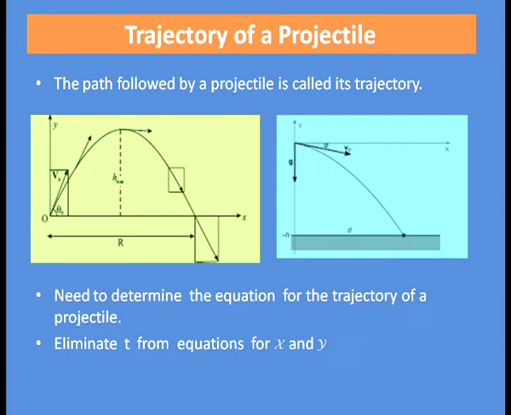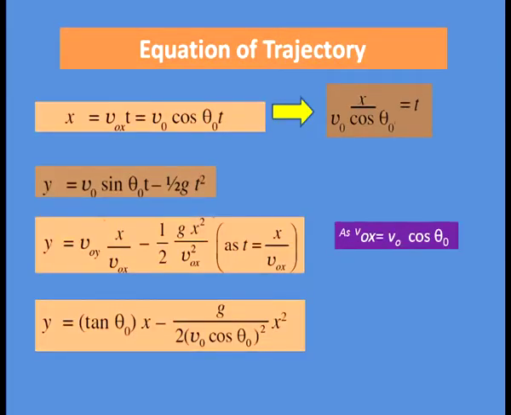And for that, we have to eliminate t, the term t from equation for x and y, that is the distance covered in horizontal direction and the distance covered in vertical direction. The distance covered in horizontal direction x is equal to Vox into t, that is equal to V0 cos theta 0 into t.